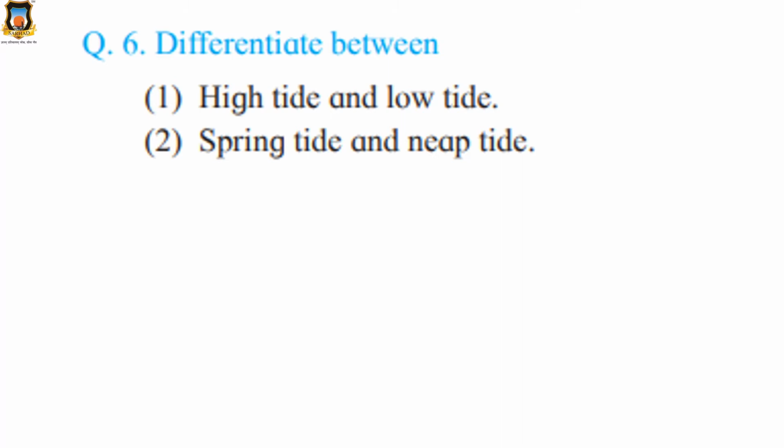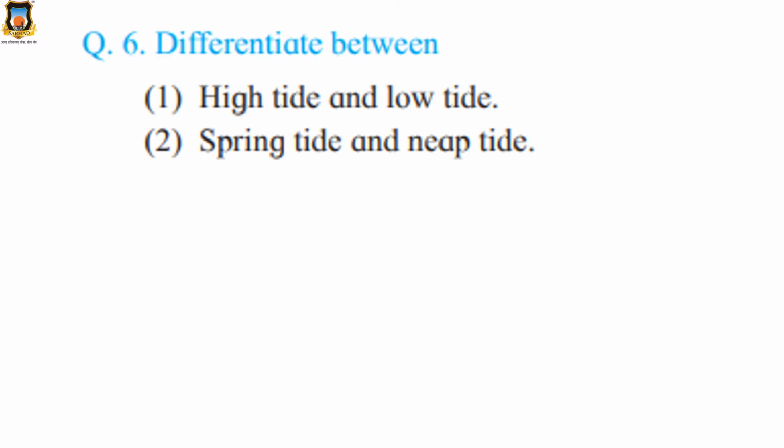So, I will tell you the answer. Listen, all of you. High tide: a rise in seawater level is called high tide. Low tide: a fall in seawater level is called low tide.